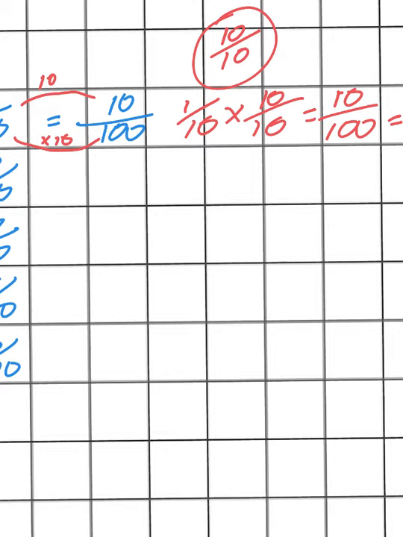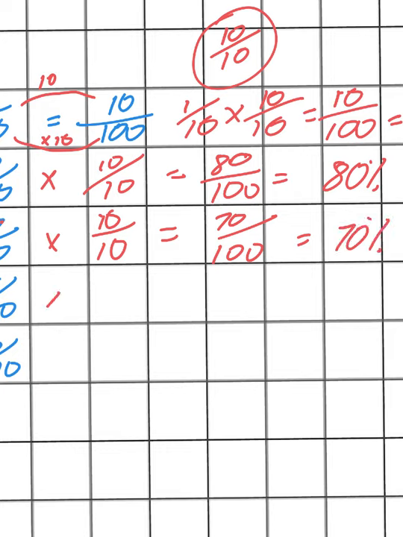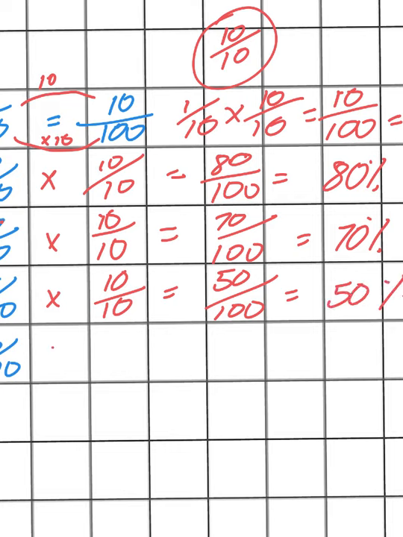So 8 tenths multiplied by 10 over 10 is equal to 80 over 100, which is equal to 80%. 7 tenths multiplied by 10 on the top, 10 on the bottom is equal to 7 multiplied by 10 is 70, 10 multiplied by 10 is 100, 70%. 5 tenths multiplied by 10 over 10 is equal to 50 over 100 is equal to 50%. 3 tenths multiplied by 10 over 10 is equal to 30 over 100 is equal to 30%.